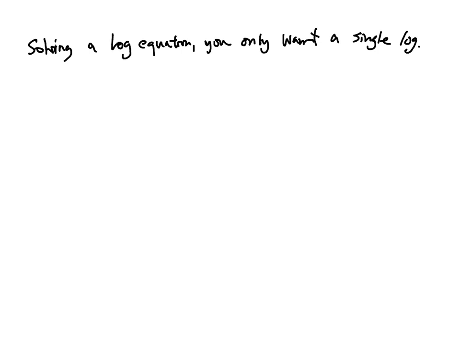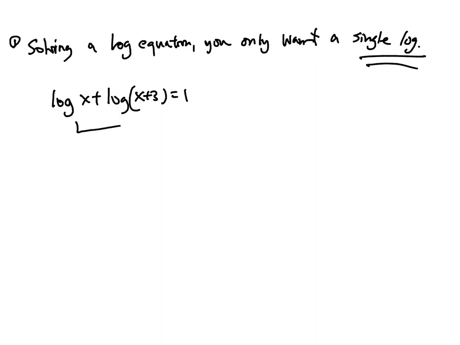So let's look at what we have: log of x plus log of x plus 3 equals 1. In this case, we want a single log, so this needs to be combined.